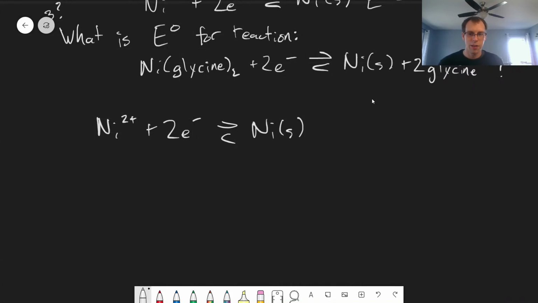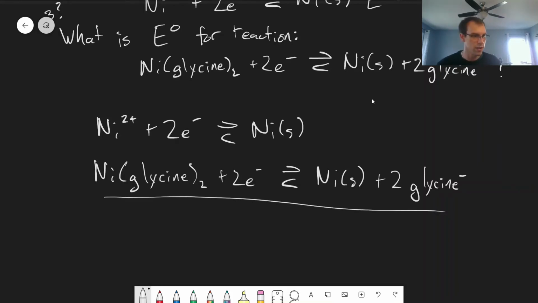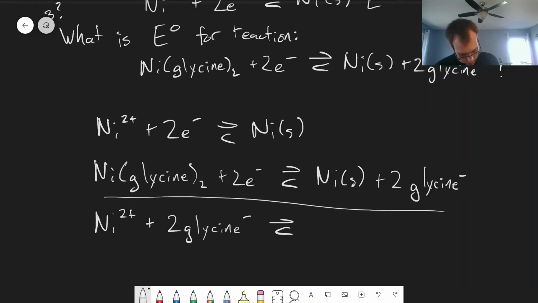So let's say we have nickel plus 2, and then we have our unknown reduction: nickel glycine 2 plus 2 electrons goes to nickel solid plus 2 glycine minus. We know that our final reaction is going to need to be our nickel 2 plus 2 glycine minus forming our complex.